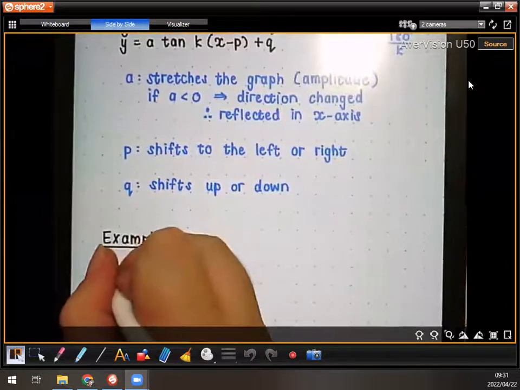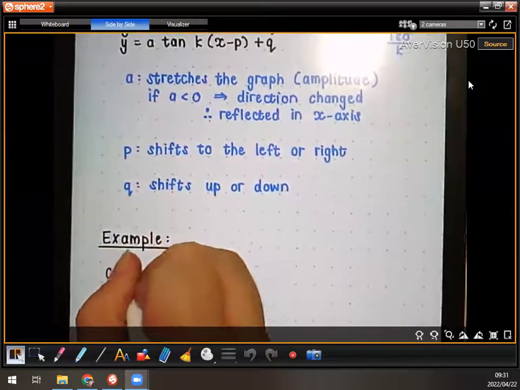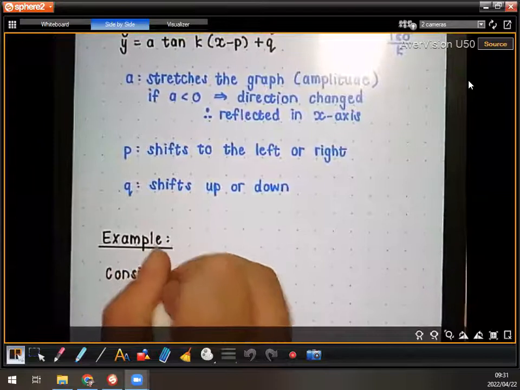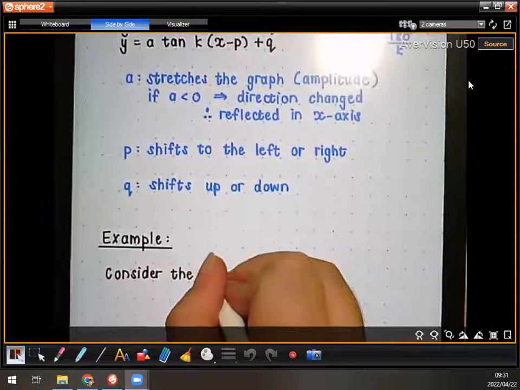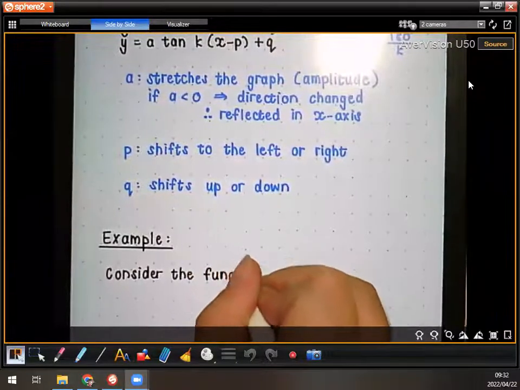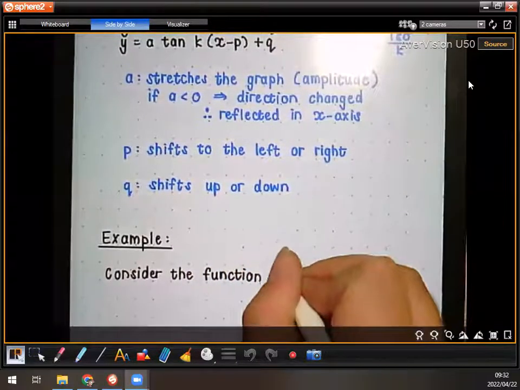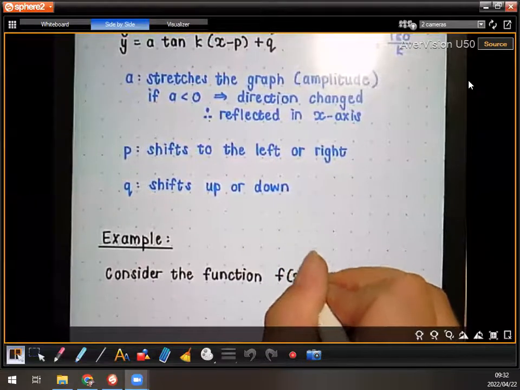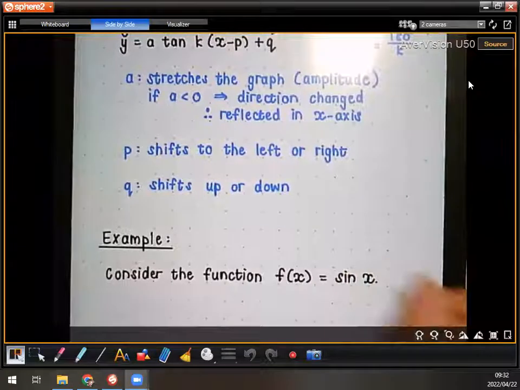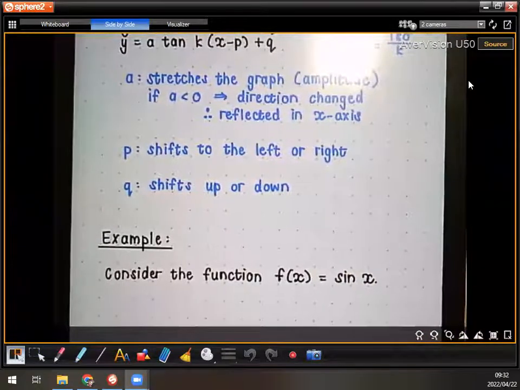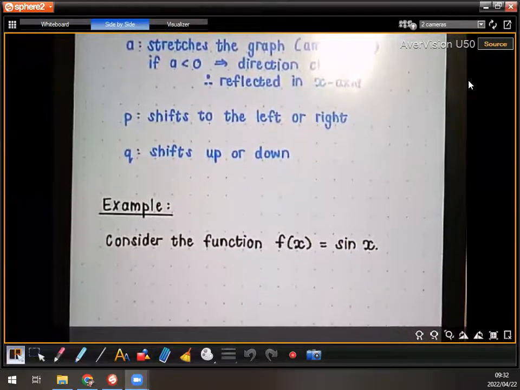Okay, so consider the function f of x equals sin x. Right, so we're just starting with the basic sine graph.